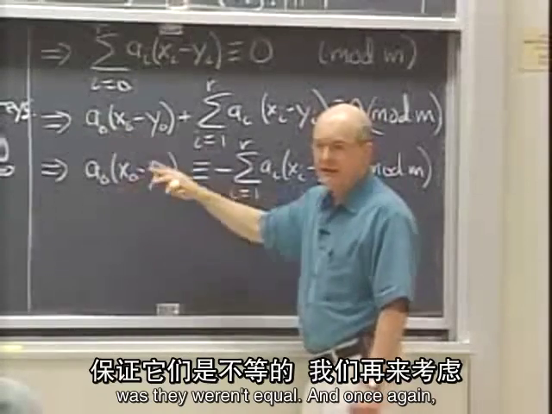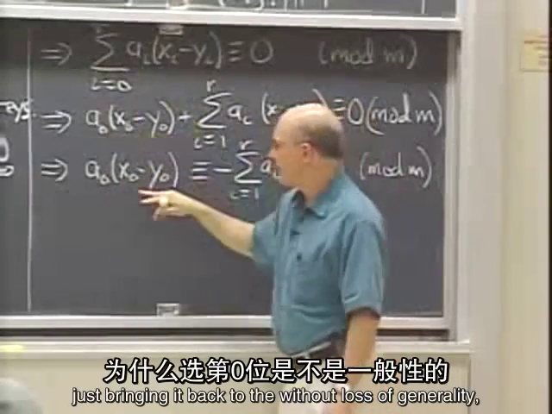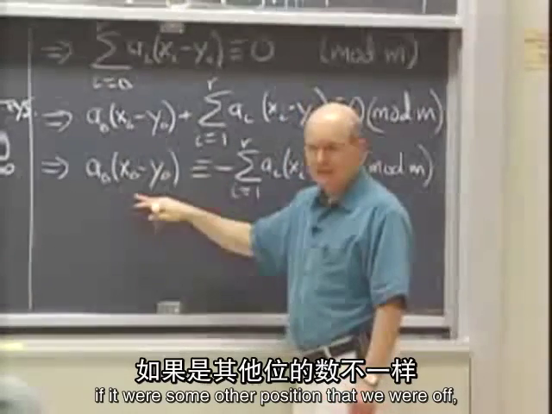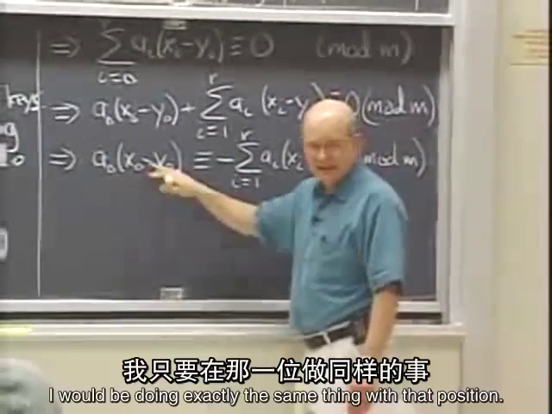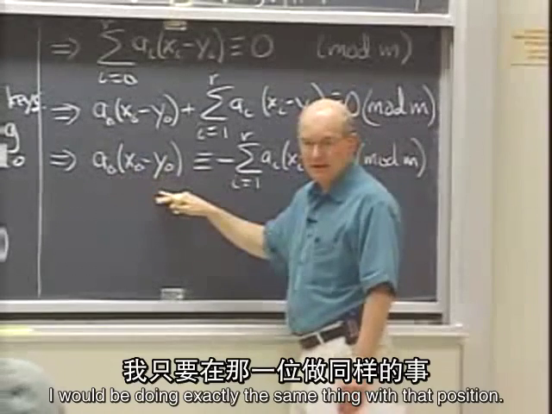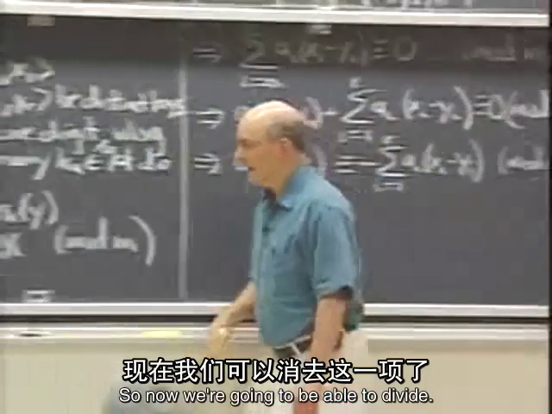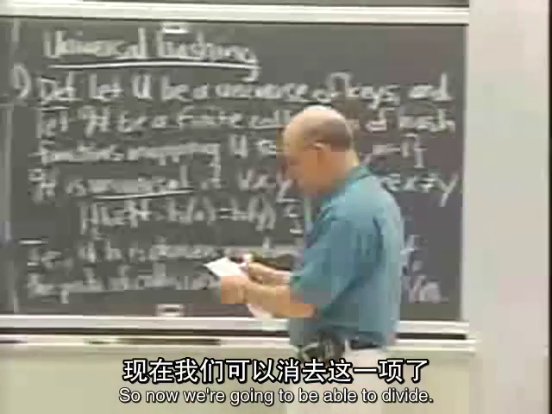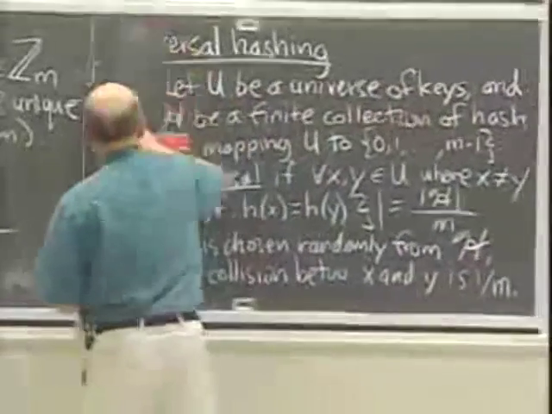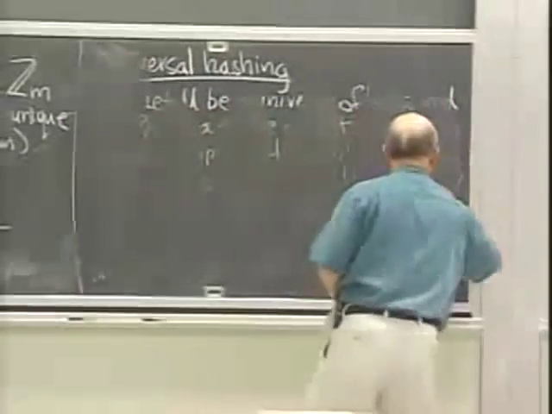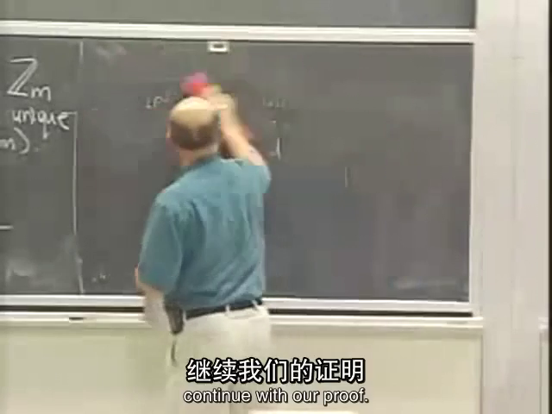And once again, without loss of generality, if it were some other position that we were off, I would be doing exactly the same thing with that position. Now we're going to be able to divide. So we continue with our proof.